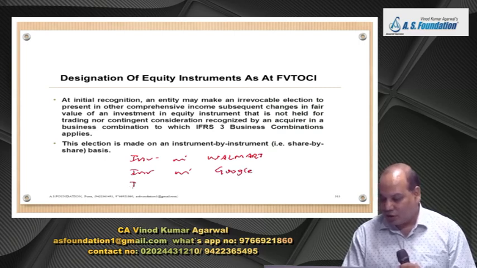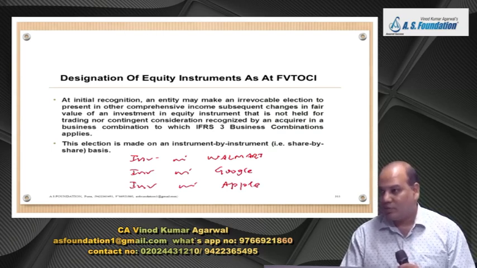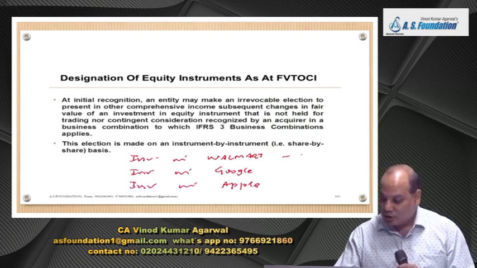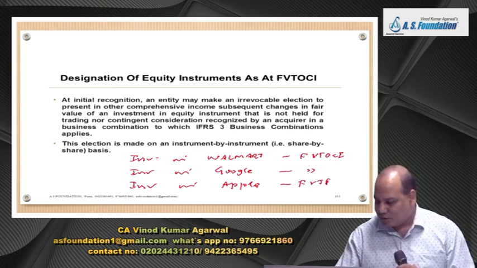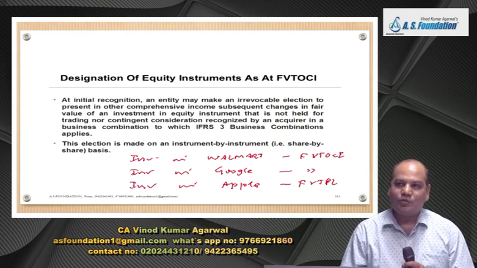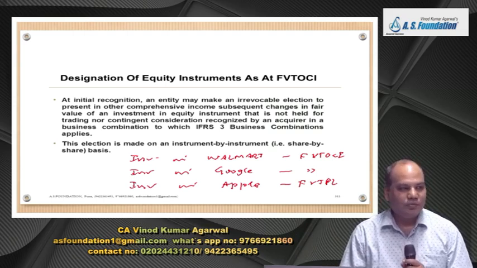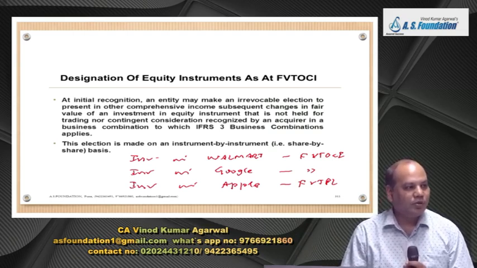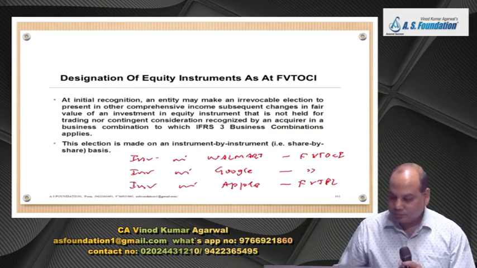And I am also an investor in Apple. So I can choose this as FVT OCI, and I can choose this as FVT OCI, and I will not choose this as FVT OCI, so it will become FVT PL. So instrument by instrument, you can apply the choice.